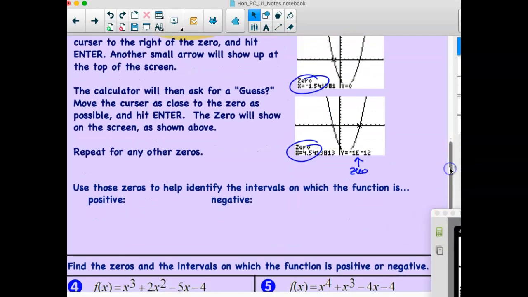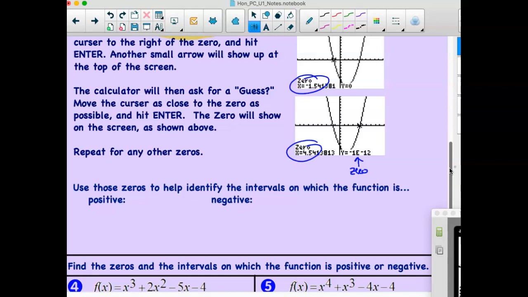Okay, so let's go ahead and do the intervals, and then I'll give you the answers for the rest of it, and you can decide how you want to do it yourself. All right, so positive interval is going to be from negative infinity to negative 1.54.